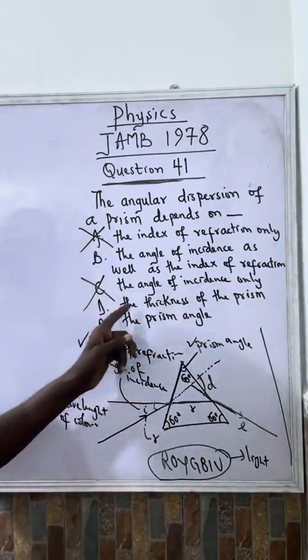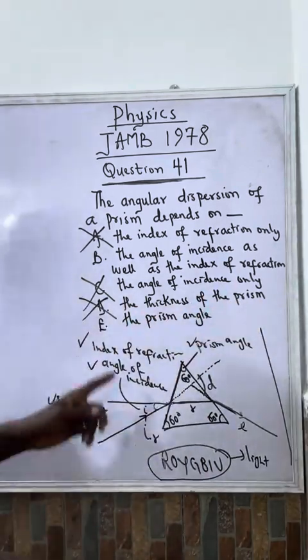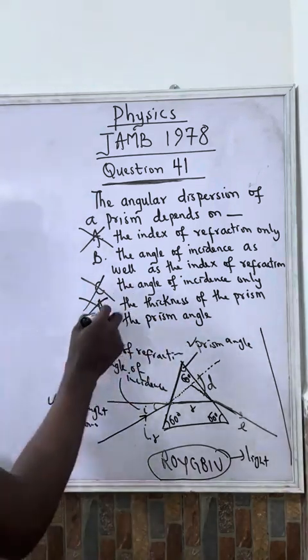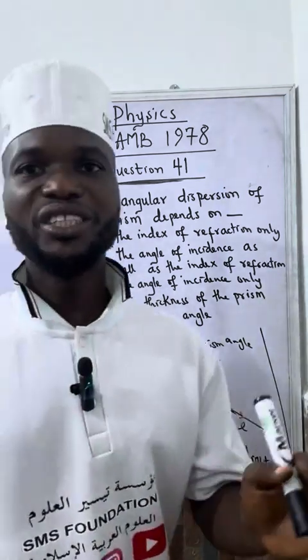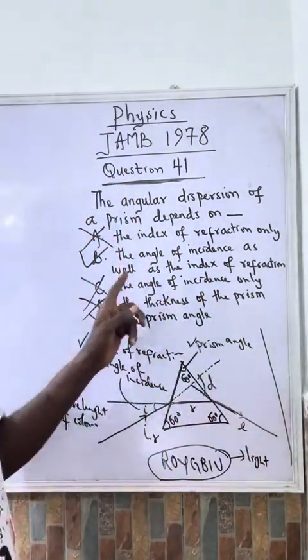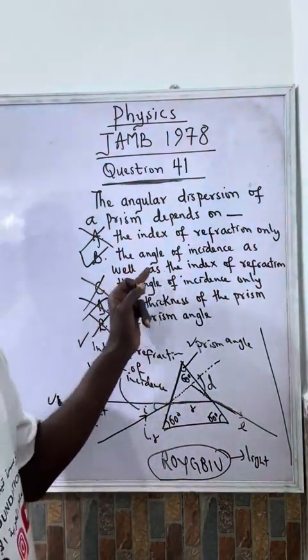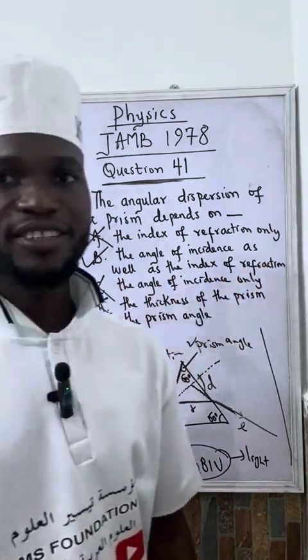The next one says the thickness of the prism. This is not even among the factors. Then the prism angle only. This cannot be the answer either. B is actually the best answer because it contains 2 things: the angle of incidence, which is i, and the index of refraction, which is the refractive index. Thank you. God bless you.